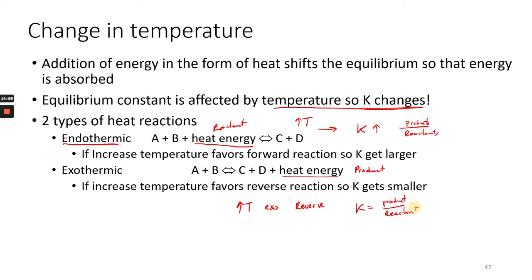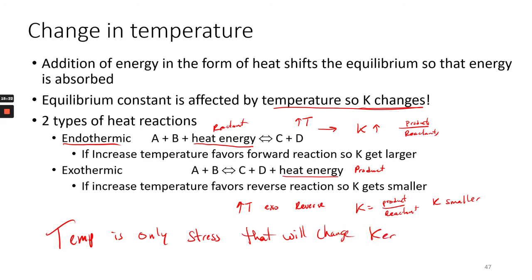So if I am moving in the reverse, I am making my reactants higher, so K will become smaller. Now, I'm going to write this big. Temperature is the only stress that will change your equilibrium constant K.